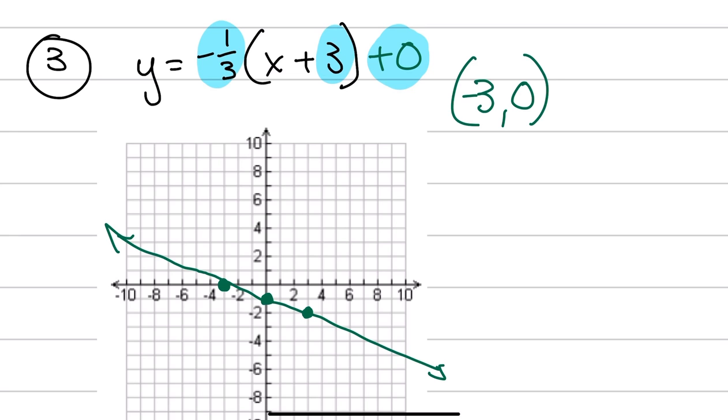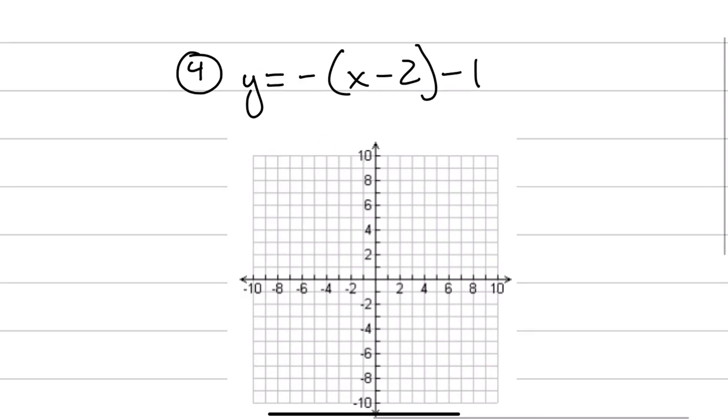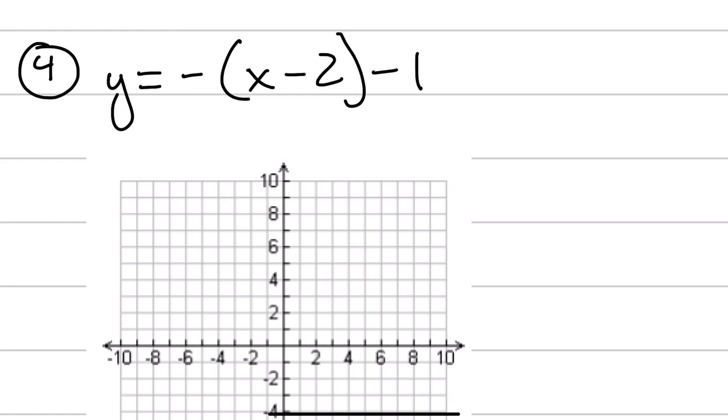Okay, number 4. So right away I see we don't have a number here in front. But remember, if you ever have just a negative out front, you can always put in a 1 right there.